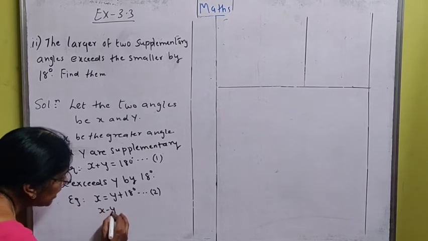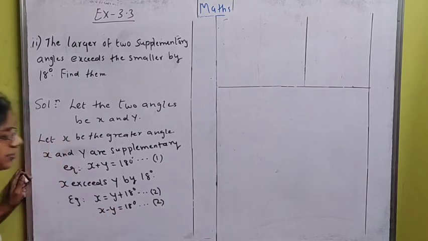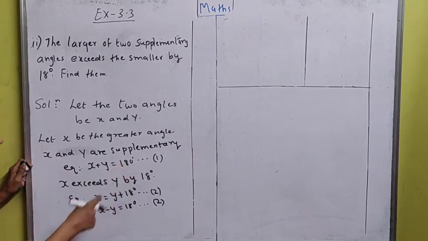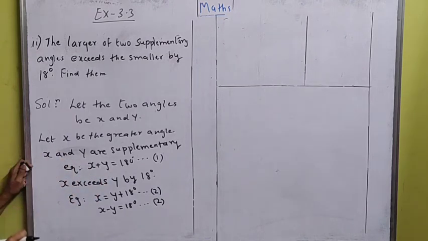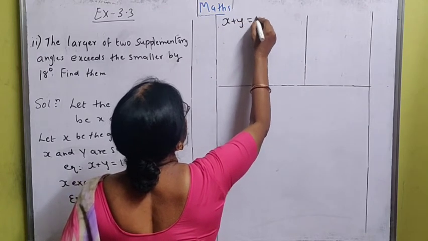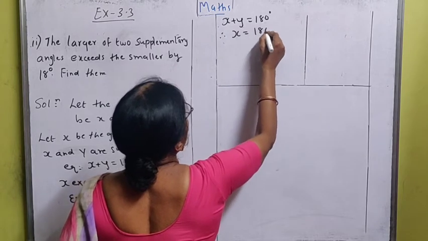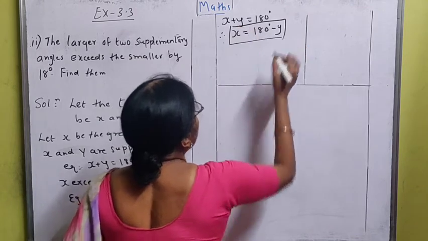So we will get x minus y is equal to 18 degrees. Now see what we got: x plus y is equal to 180 degrees, x minus y is equal to 18 degrees. First we will take the first equation and find the value of x. x plus y is equal to 180 degrees, therefore x is equal to 180 degrees minus y.